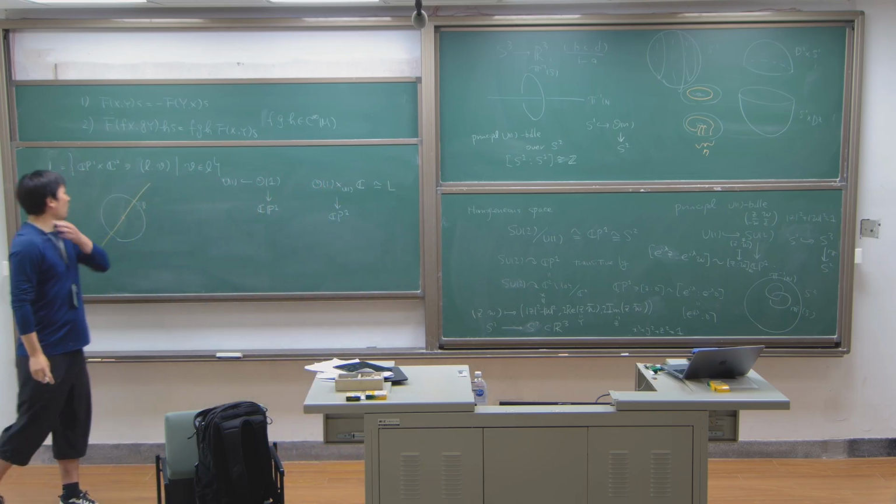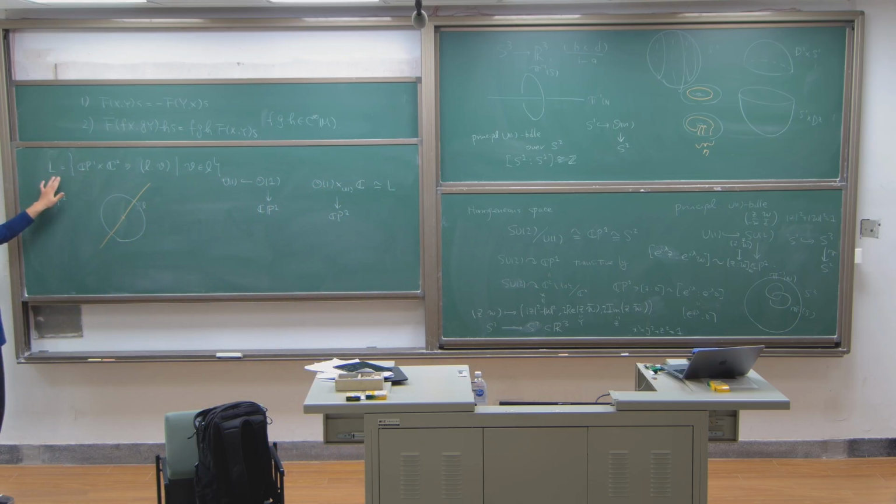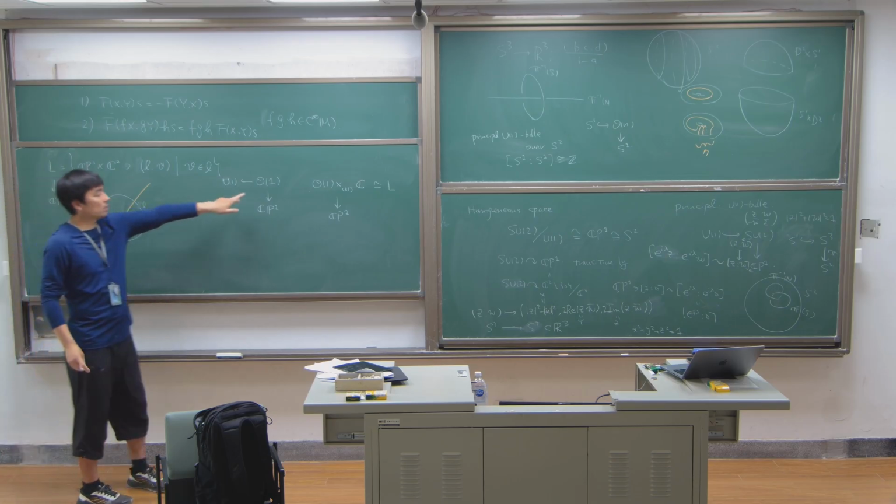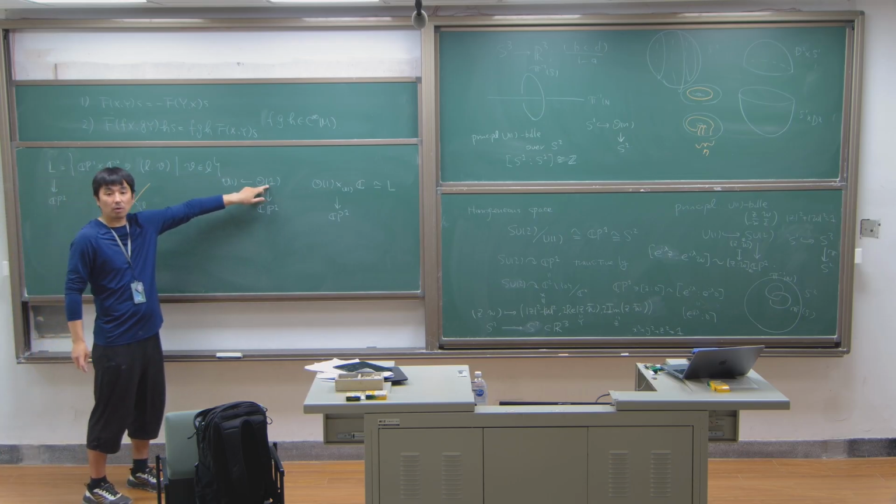So the tautological bundle can be obtained as an associated bundle over O1.